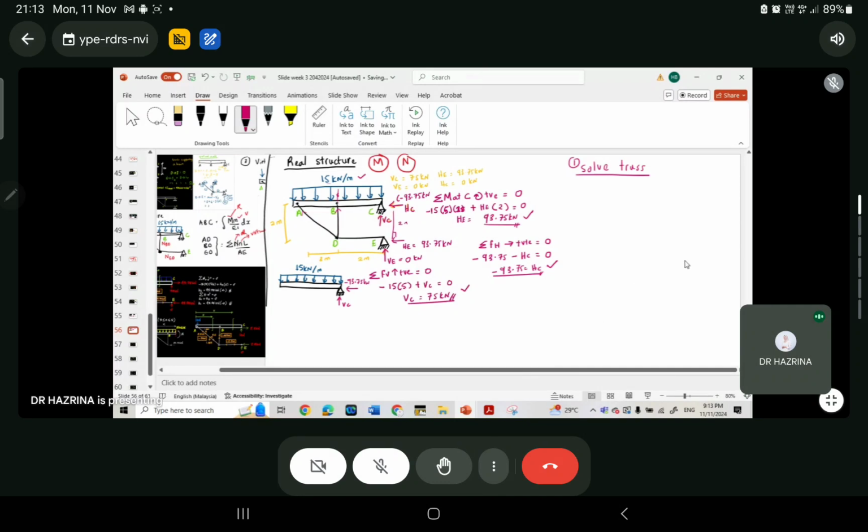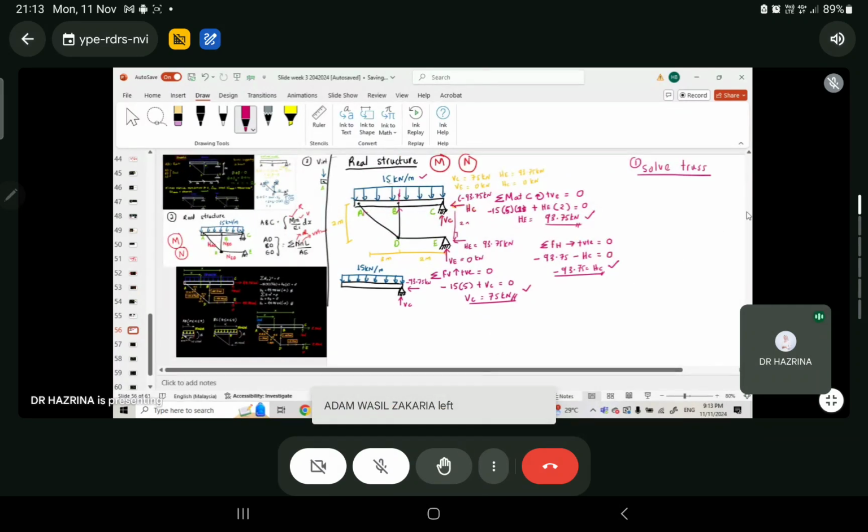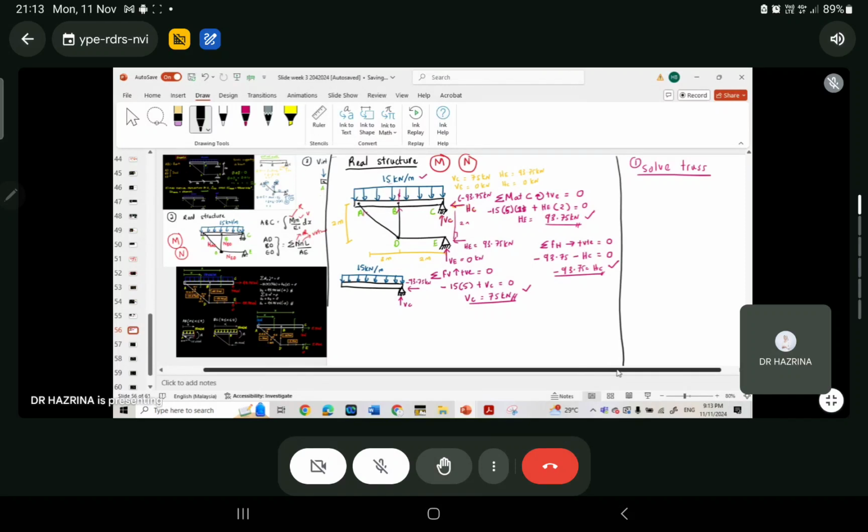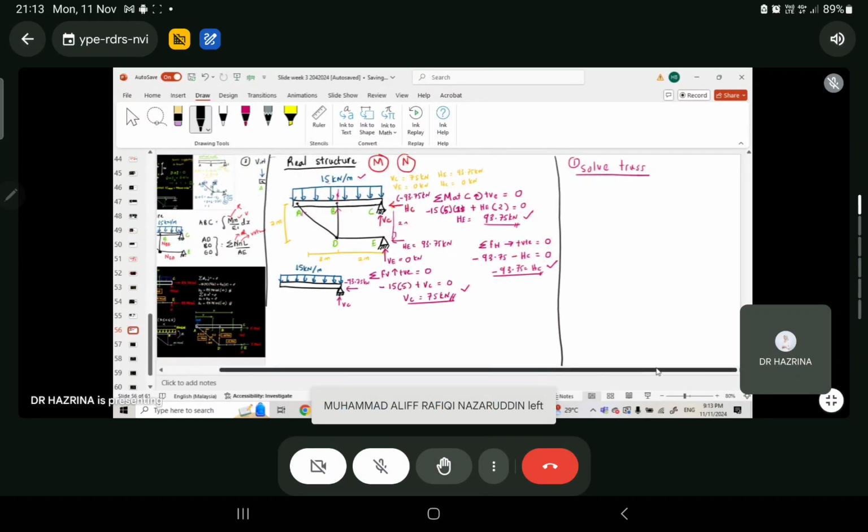Okay, so apa yang you kena buat adalah for this one, so you have joint D and then you have your joint B and then you have your joint A. So now untuk truss kita tahu you akan ada you punya member, okay, and then you akan ada you punya end, and then you nak cari you punya end.